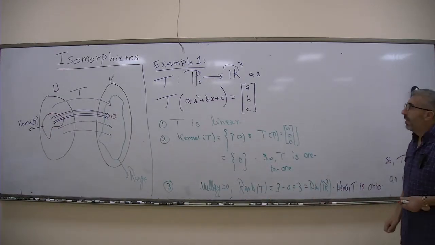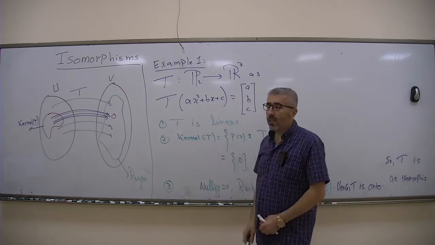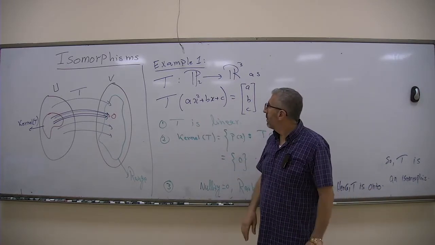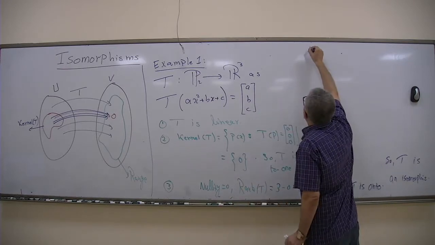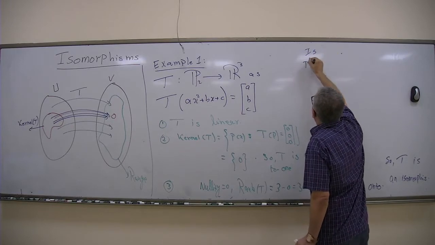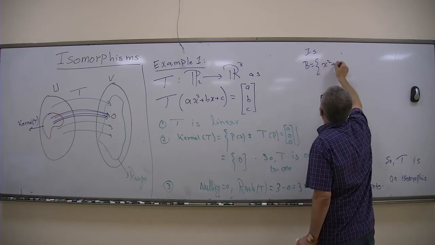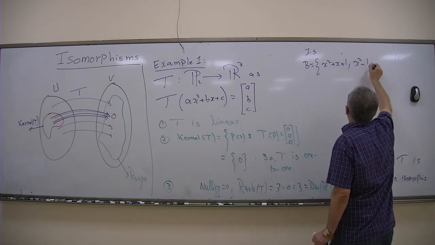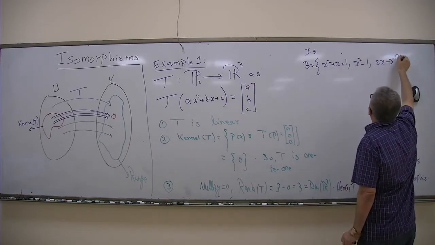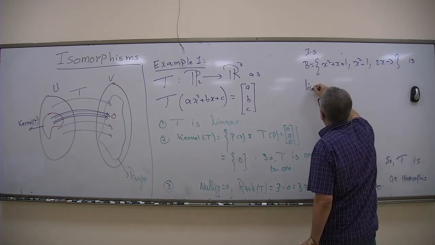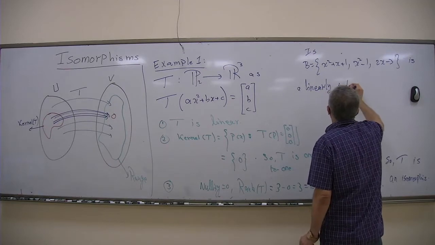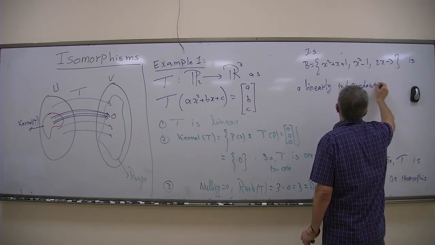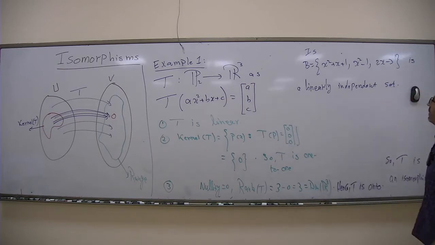Let me tell you something here. I've seen some students, when we ask them to check whether certain polynomials are linearly independent or not. For example, is B equal to, let's say, x squared plus x plus 1, x squared minus 1, and 2x minus 3 a linearly independent set?